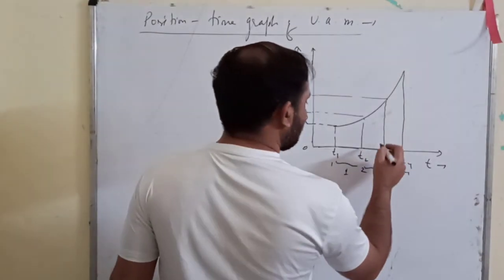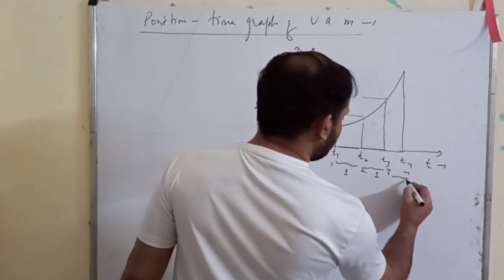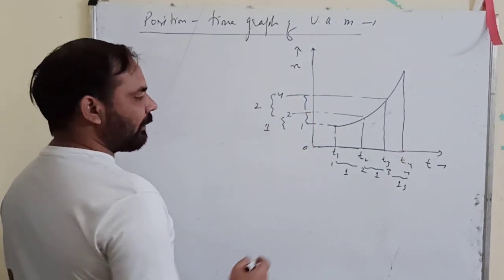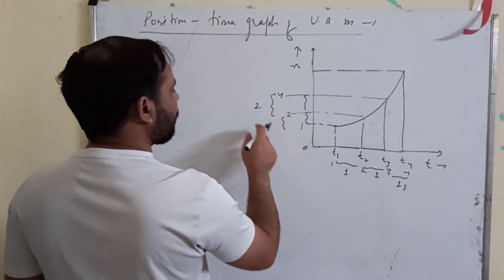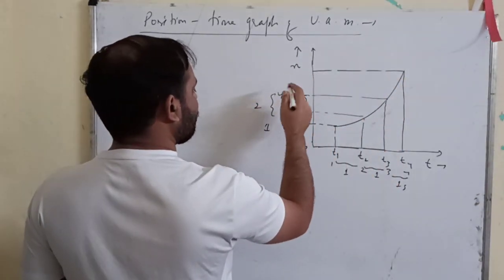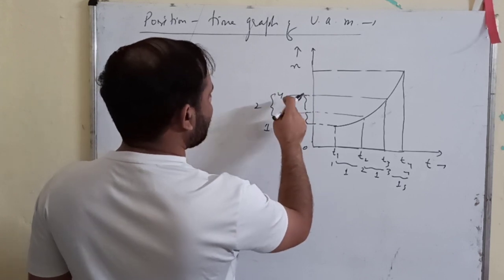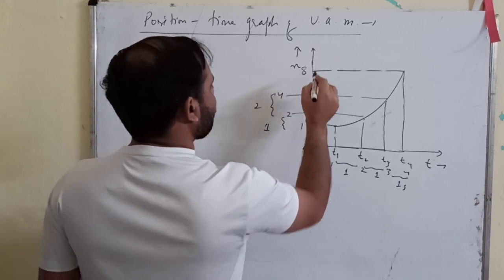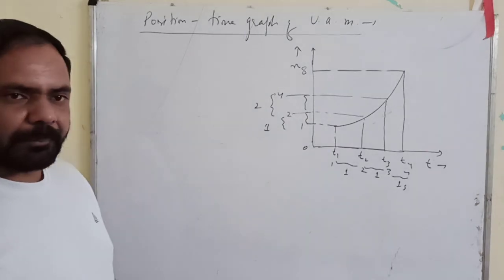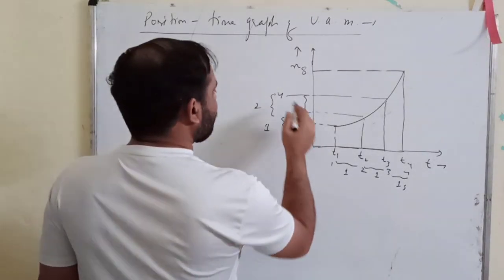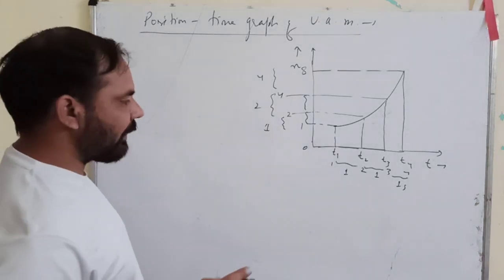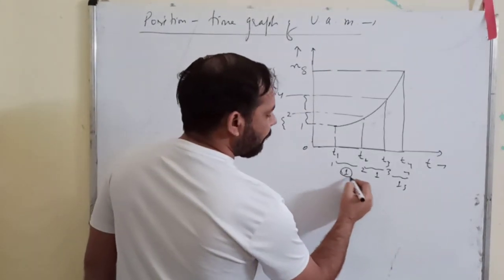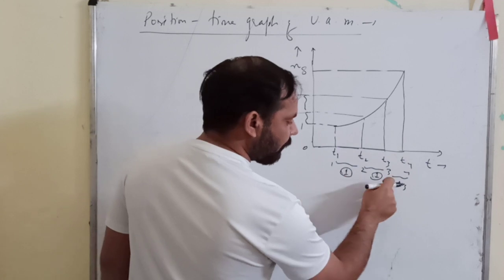Now in the next 1 second, the position of the object becomes, suppose, 8, right? Okay, so what is the displacement? 4 units.